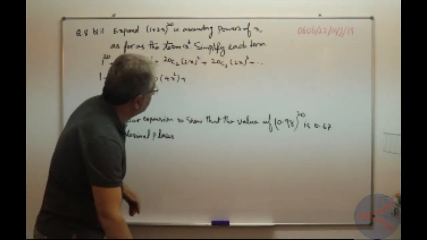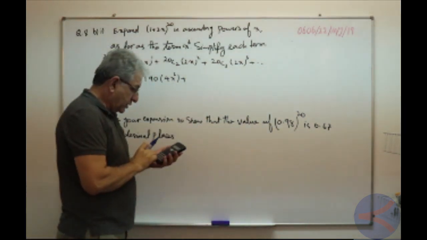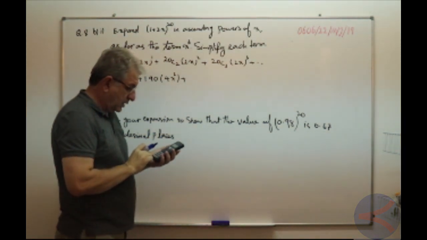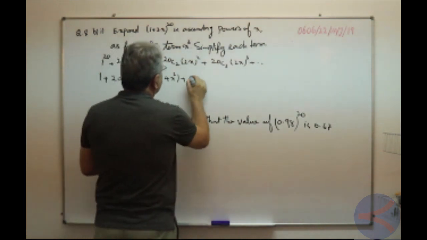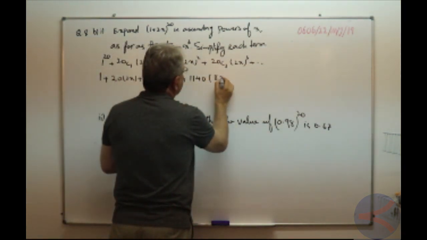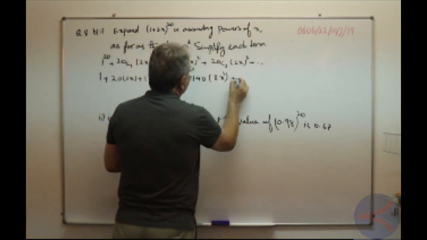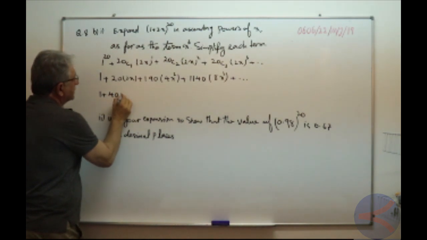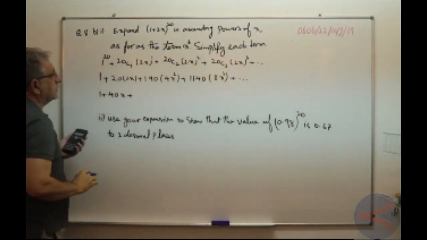20c3, let me calculate using the calculator. 20c3 is 1140, and this is times 8x cubed. Now this is 1 plus 40x, very clear, 20 times 2 is 40.